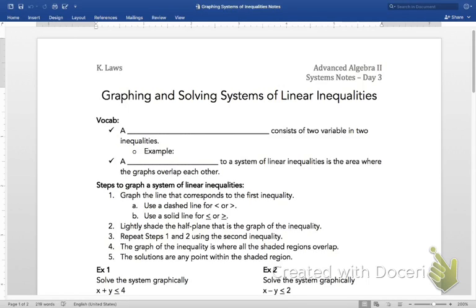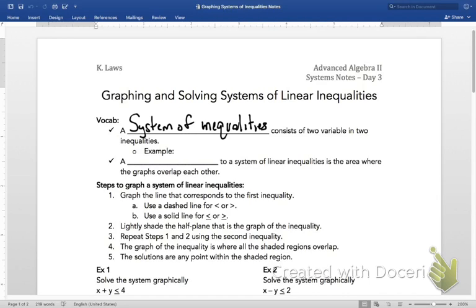Realistically, a system of inequalities consists of two variables and two inequalities. It's the same kind of thing as a system of linear equalities. Okay? Again, like I said, there's just going to be shading, dashed line, solid line, things like that, depending on the type of system you have.